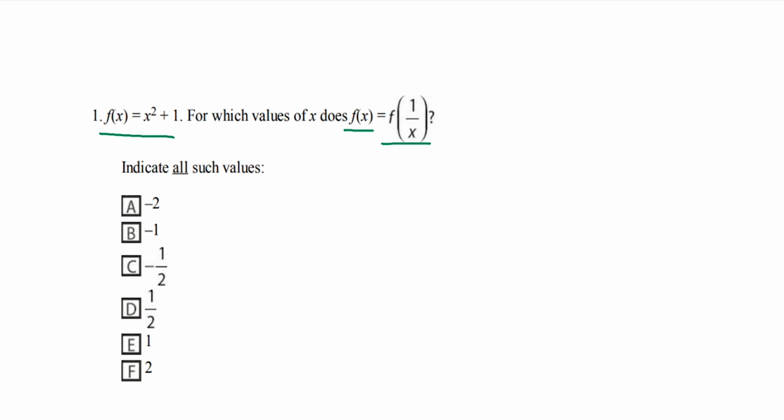f of x is x to the power of 2 plus 1. For f of 1 over x, we should replace x with 1 over x. So it is 1 over x to the power of 2 plus 1. And they are equal.